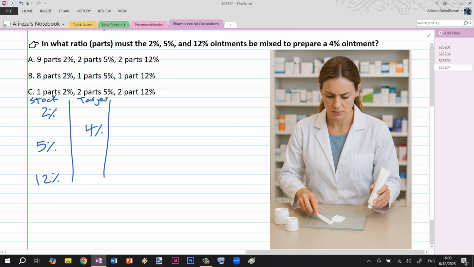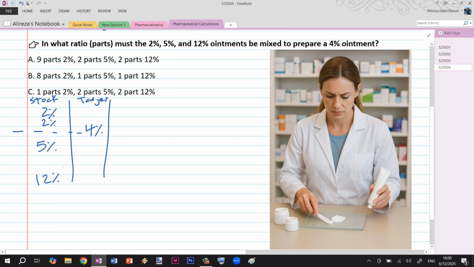Now the problem is that this is asymmetric, so in order to get an accurate amount of each of these, you need to set it up in symmetric form. So I'm going to write 2% twice here just to make it symmetric, 2 on the top and 2 on the bottom.